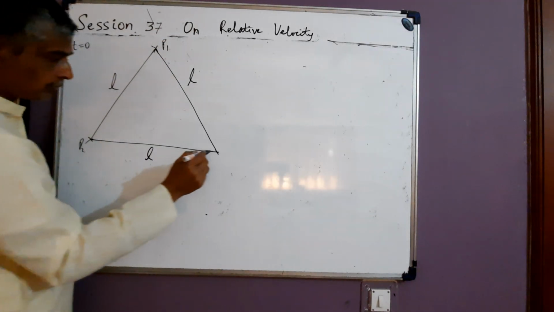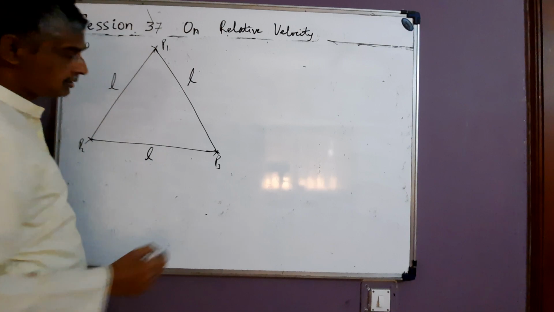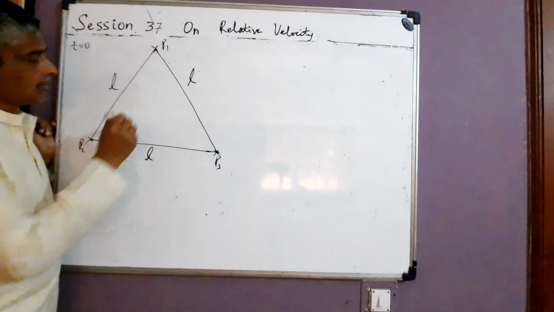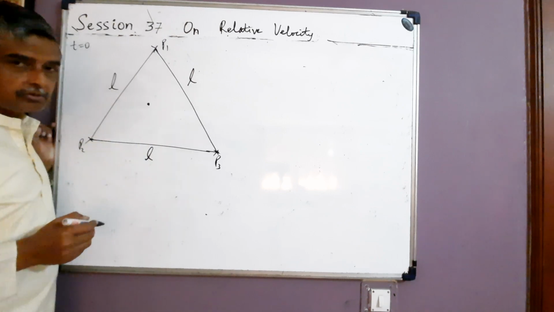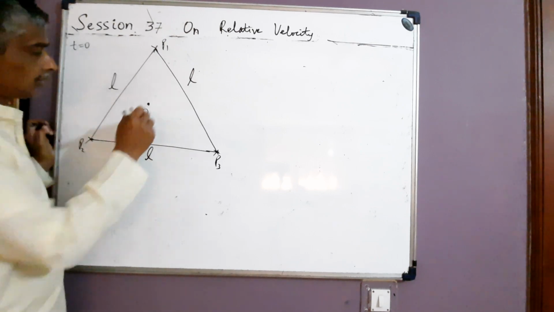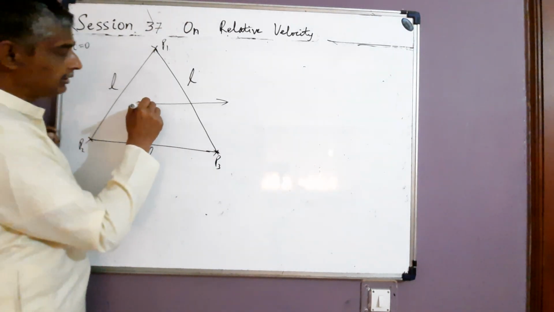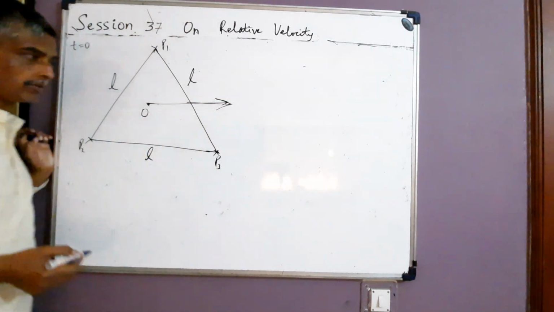This is point P2. This is point P3. This is the center of the triangle that has been taken to be the pole O. This is the reference line which is parallel to the side P2, P3. Okay.